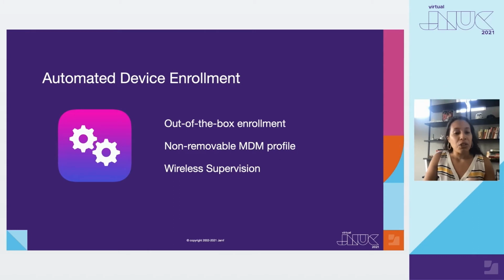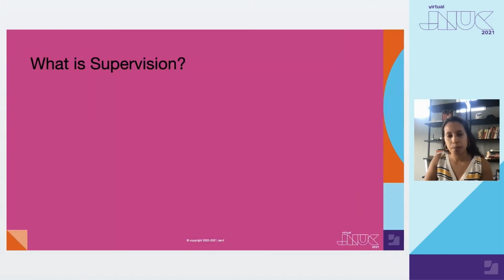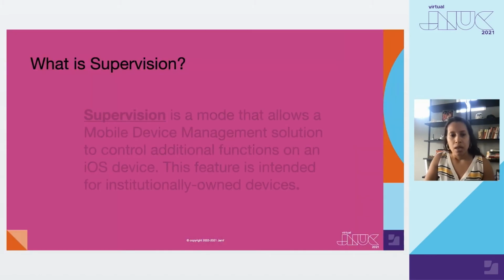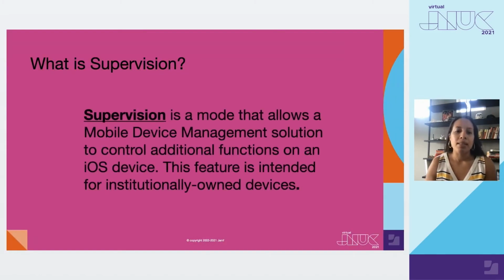The last major benefit here is wireless supervision. And let's talk a little bit about what supervision is. Supervision basically means that Apple will recognize a device as corporate owned and not personally owned. So it belongs to Jamf and not to me, which allows for a higher level of management capability that would otherwise not be manageable for features that would be considered consumer level features.